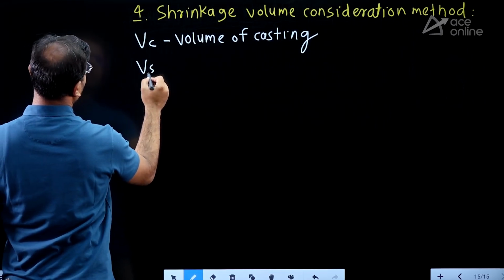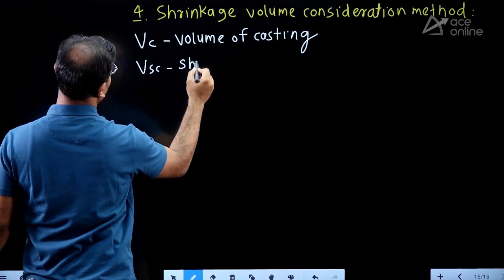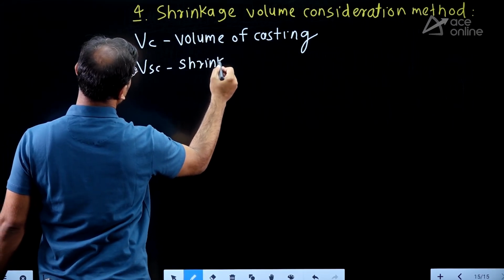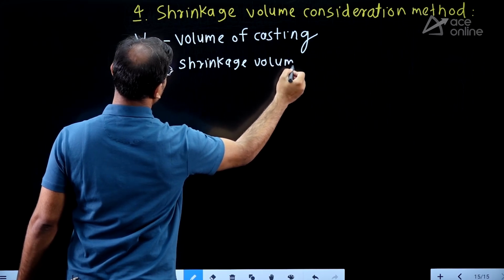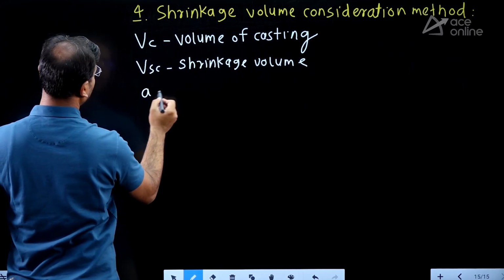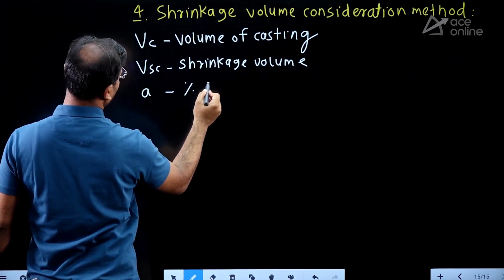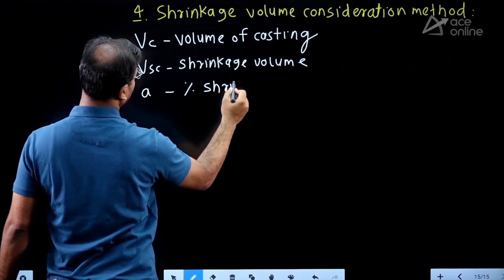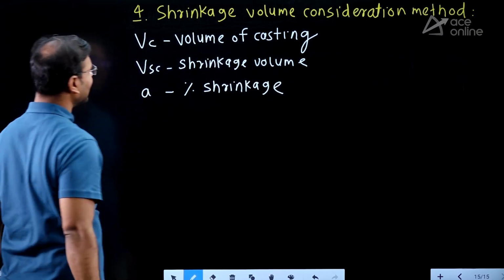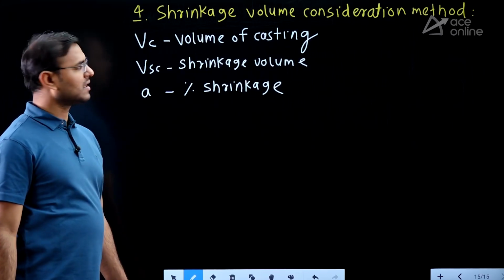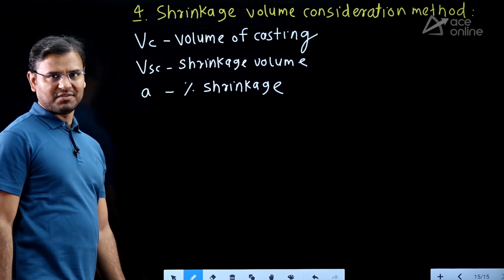Next, Vsc is the shrinkage volume. Small a is percentage of shrinkage. Okay, Vc volume of casting, then Vsc shrinkage volume.